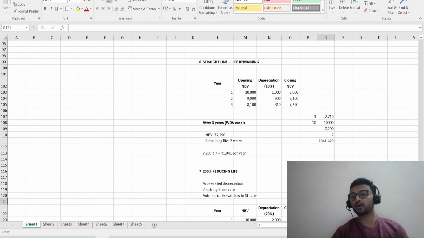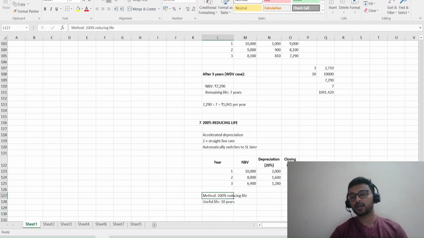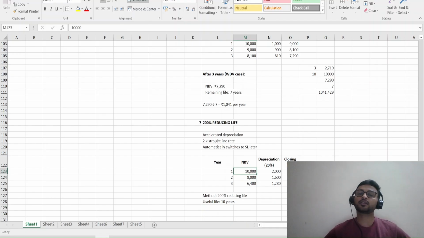Then we have a different option of 200% reducing life, or 300%, 150%, that we can use. In my case, 200% reducing life means that if my rate of the fixed asset is 10%, it will double my rate.